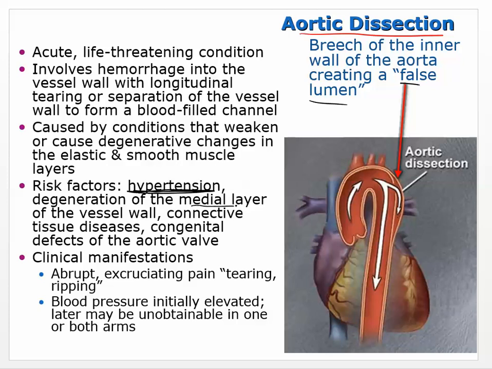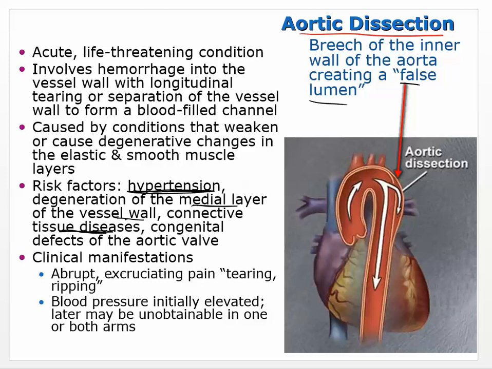Degeneration of the medial layer of the vessel wall, connective tissue diseases. Okay, so any kind of connective tissue, because these vessel walls remain strong because they have good connective tissue. If you have a genetic disease that reduces the strength of the connective tissue, then that could cause it. Congenital defects of the aortic valve. Okay, so anything that's going to increase the pressure that's in here, or something like that.